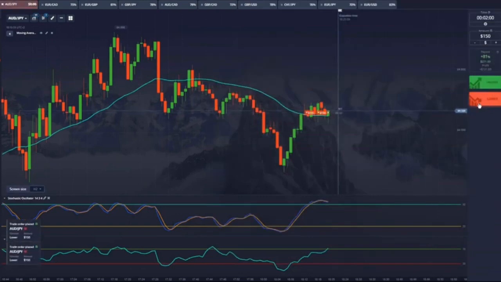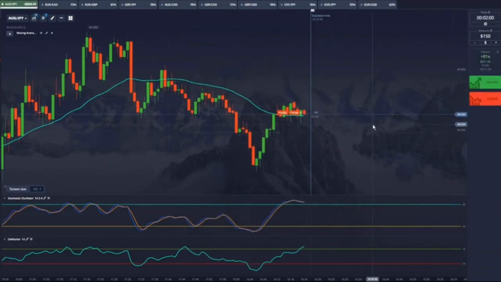At this sell entry, the moving average is going downward, indicating a downward trend for sell trades.